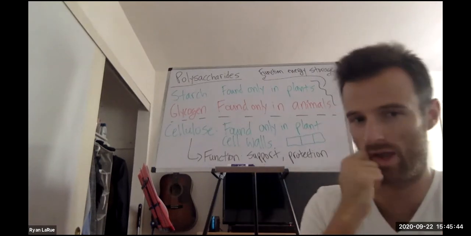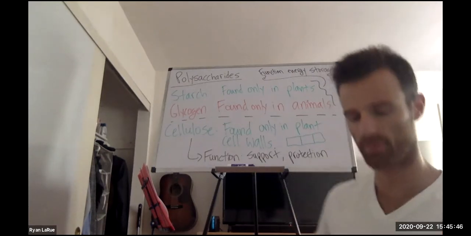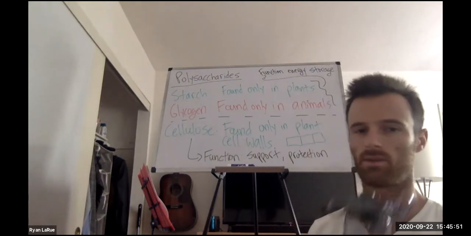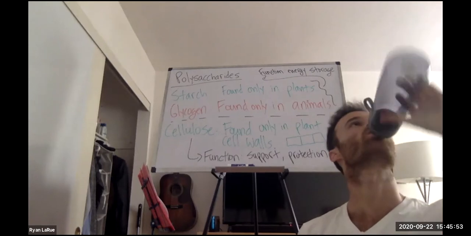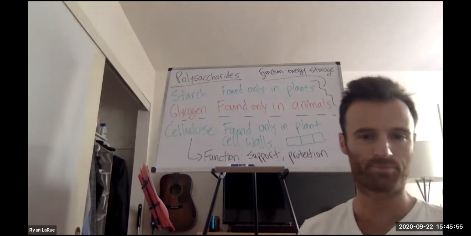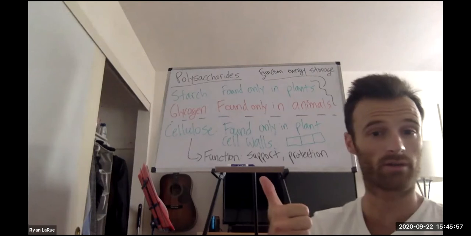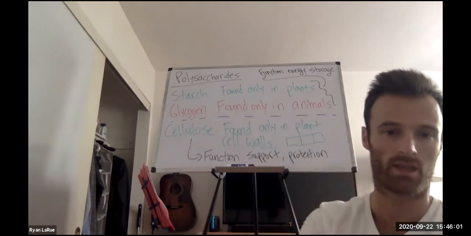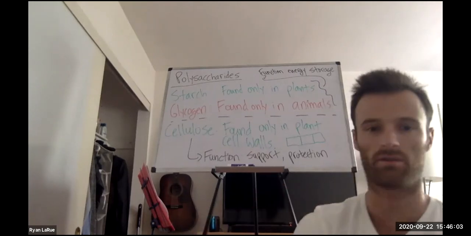I'll give you a second to write it. It's the opposite in every way. What's our next chemical reaction? Adding water, totally. So instead of removing water, we're going to add water to break molecules apart.